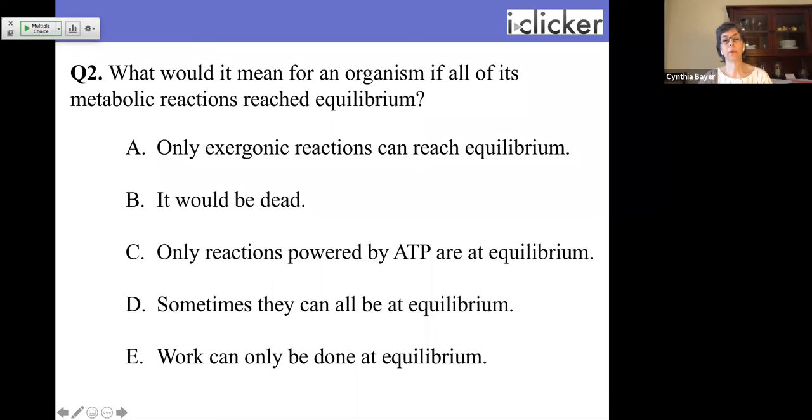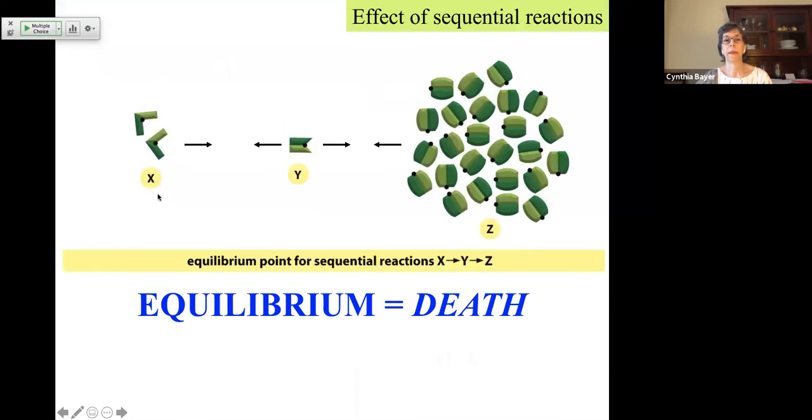If we look at the example we've just been following, if glucose in its glycolysis pathway, all of those reactions reached equilibrium and all of the glucose, or most of it actually, was converted to pyruvate, then in the absence of any more substrate coming into the cell or any product leaving, the cell would be dead. And the cell would be dead for a number of reasons, one of which is that the cell would not be able to generate any more ATP.